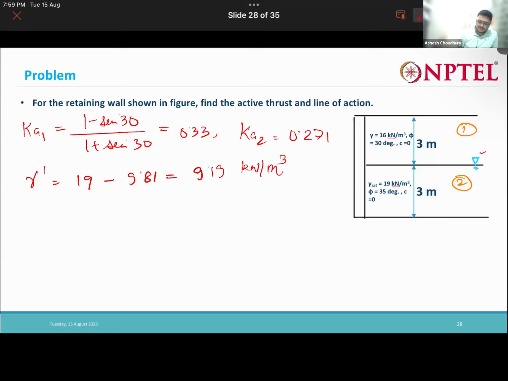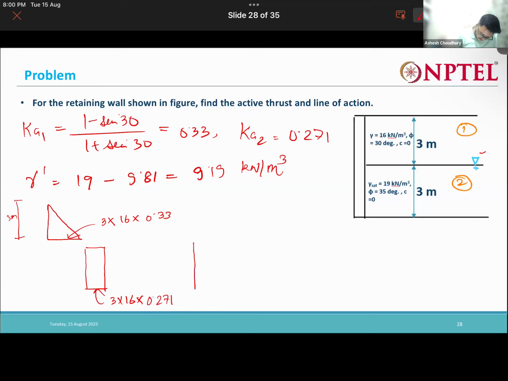Now let us try to draw the pressure diagrams. The top 3 meters will have a triangle: 3 into gamma into 0.33. Then for the bottom 3 meters, first you will have a rectangular arrangement, which will be 3 into 16 into K2, 0.271.